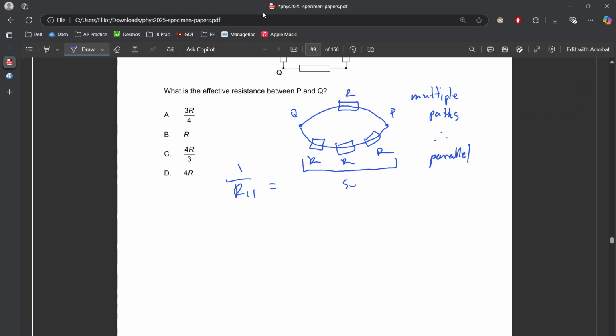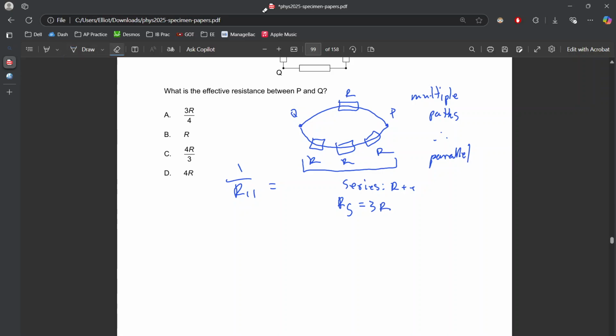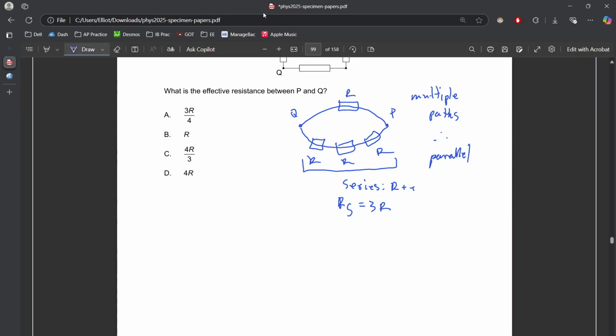And in series, resistance adds, right? So I'm going to call this RS for resistance of the series, is equal to 3R, right? Therefore, 1 over R parallel is equal to 1 over R for this one, and then plus 1 over 3R for this one, the RS.